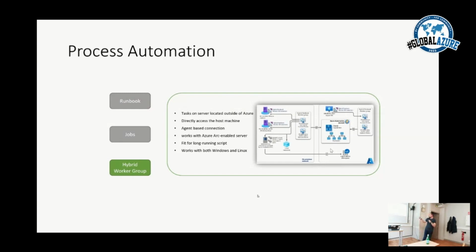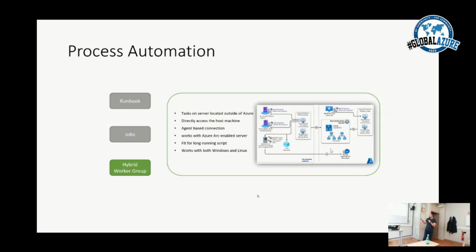So also you can use hybrid worker group. So hybrid worker group is backed by VM that you can have it in Azure, or even you can have it in your on-premise environment. So you can easily push the automation that you have created to on-premise environment. There is no limitation for that.